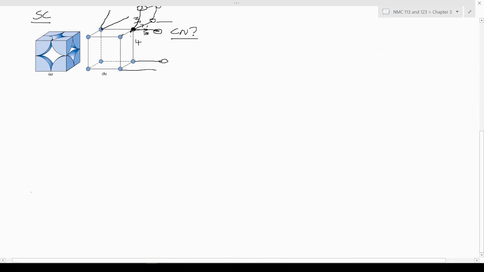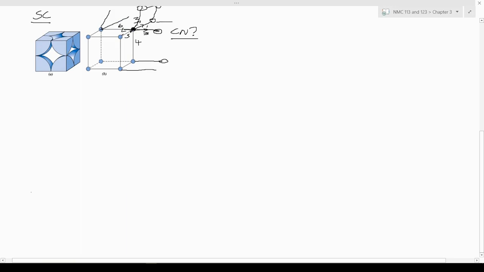From here to here, we said it's the 5th one, and then from here to that side, this atom, because it's also touching, it's 6.